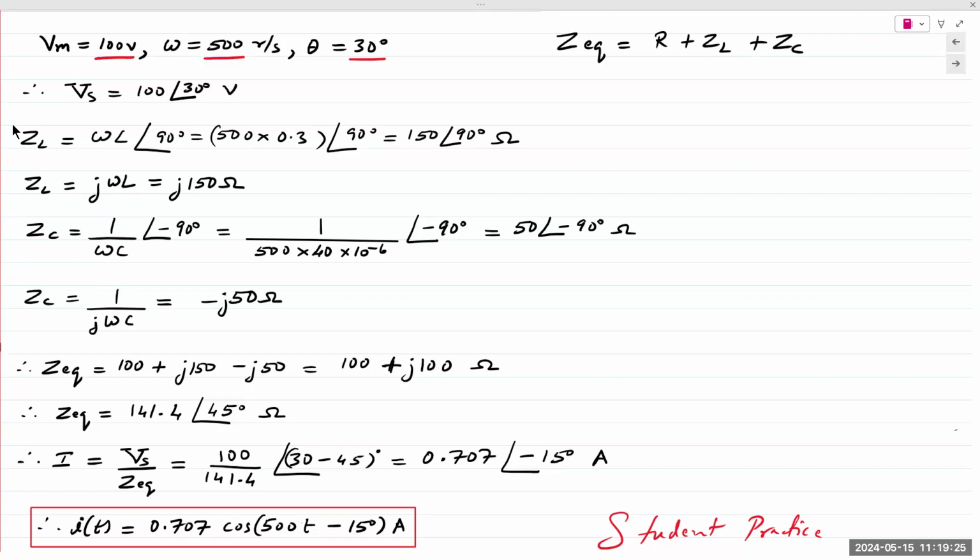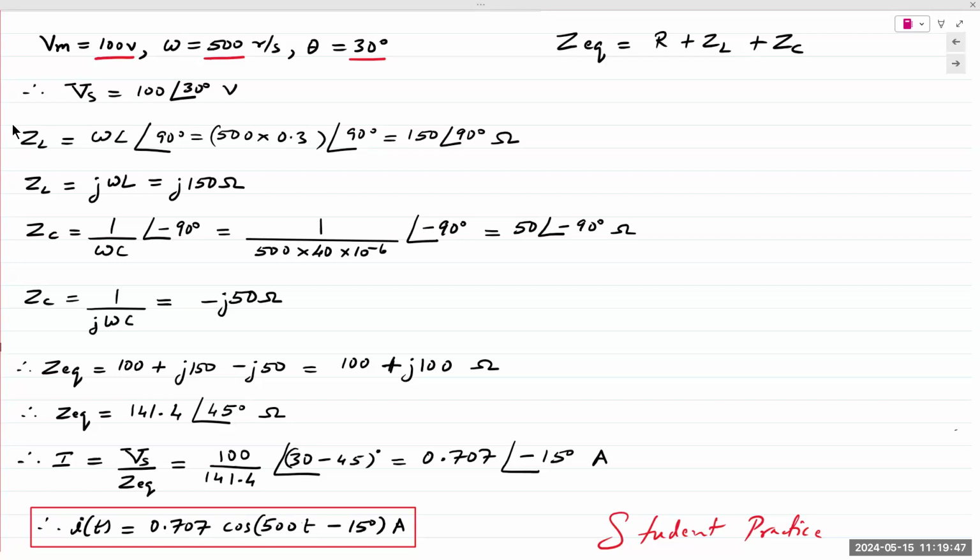ZEQ means I'm summing up, or I might have a reciprocal in there if it's parallel. Then I need to perform a division. Then once I have ZEQ, I'm going to apply Ohm's law, meaning I need to perform multiplication and division. So some equations, I would need the polar coordinates. Other equations, I would need rectangular coordinates.